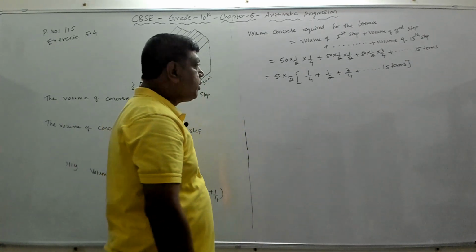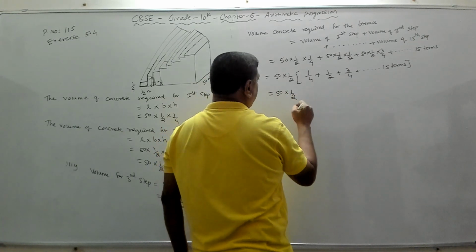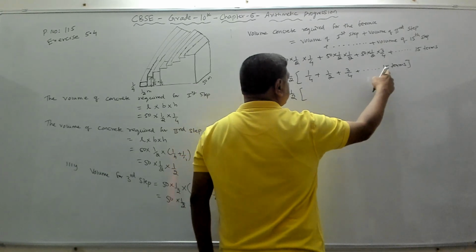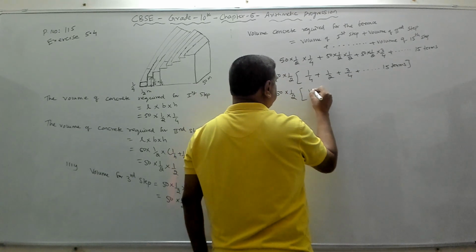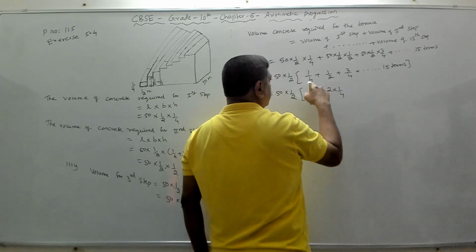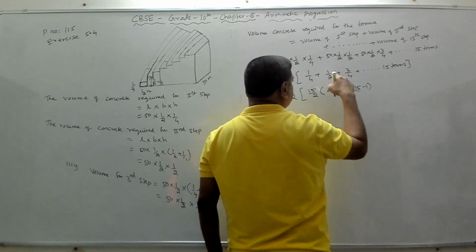Sum of 15 terms of an AP, that is equal to 50 into 1 by 2 of, this is an arithmetic series. So what is the formula? Sum of 15 terms we have to find. So S15. S15 is 15 by 2 into 2A plus n minus 1 into D, where A is 1 by 4, n is 15, and D is also 1 by 4.